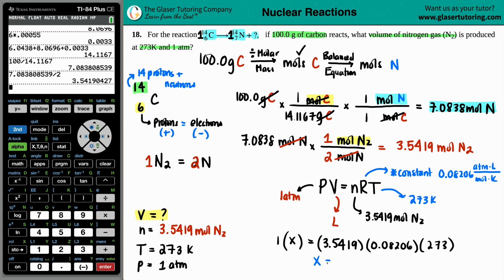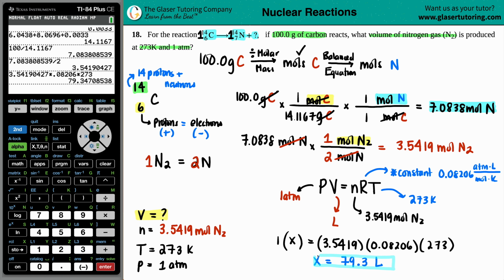V equals, I'm going to take the full amount here, times 0.08206, times 273. And I'm just making sure that I plugged everything in. Looks good to me. Okay. There we go. So 79.3, I guess 3 sig figs. It doesn't really matter. 79.3 liters. And that is the volume.